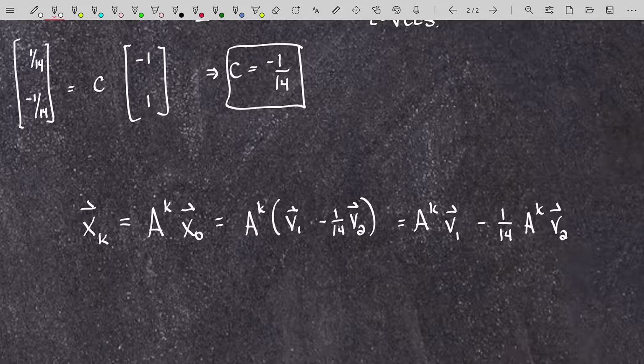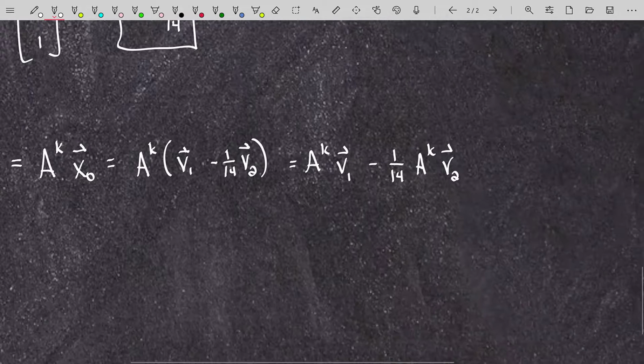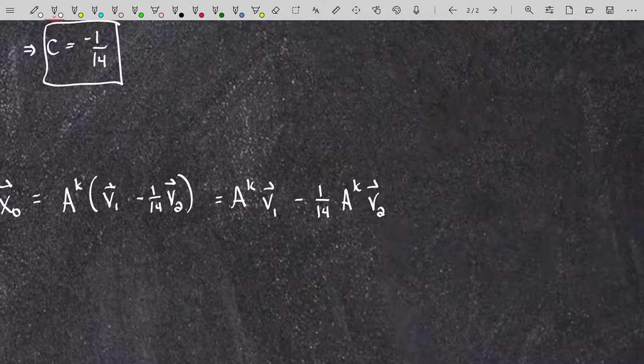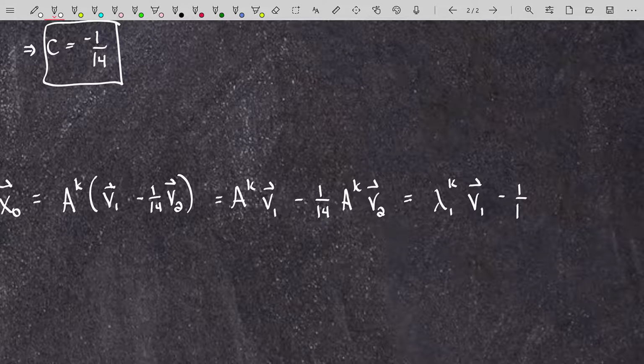And then compute x1 and x2, I'll let you compute that. That's not that big of a deal. Remember, because these are eigenvectors, that's going to be lambda sub 1 to the kth power times v sub 1 minus 1/14 lambda sub 2 to the kth power v sub 2.